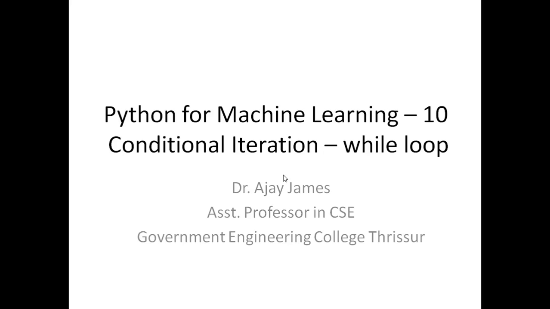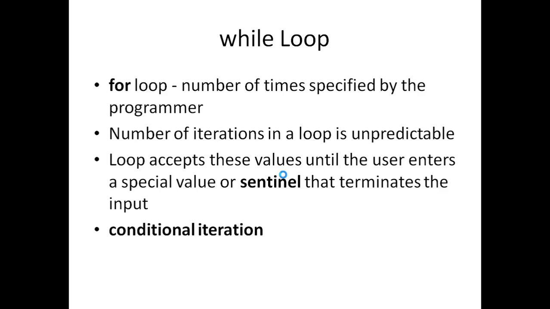Hello all. In this lecture, we'll see conditional iteration, and in conditional iteration, we'll see the while loop. We have already seen the for loop. In a for loop, the number of times is specified by the programmer.